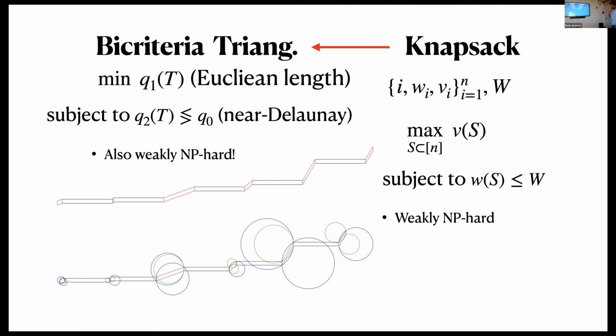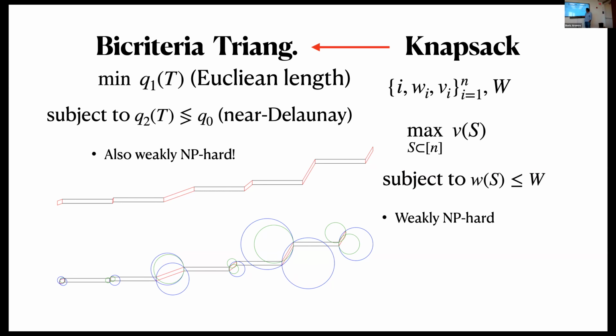Okay, so I won't have time to go through the reduction, but you can imagine a not too hard reduction where, given an input, I'm trying to show that solving this bi-criteria triangulation would solve the knapsack problem. So given an input to the knapsack problem, I can create a polygon where the things that really matter are these parallelograms.